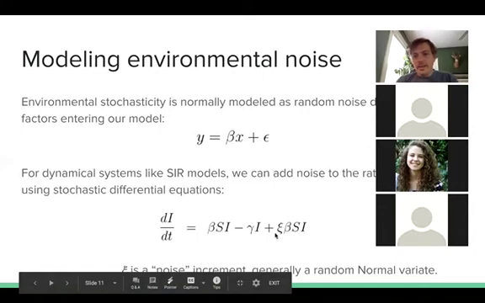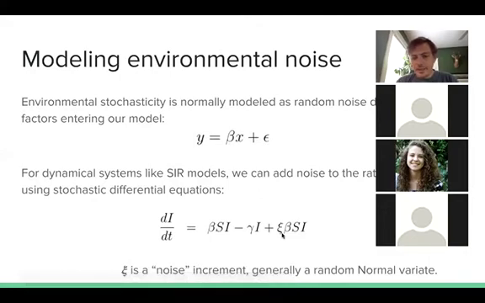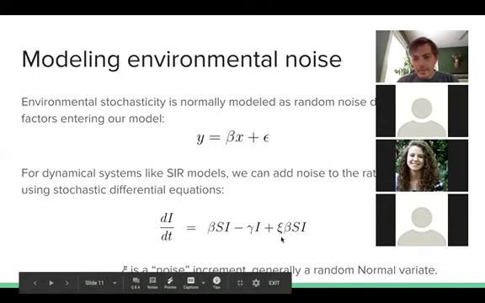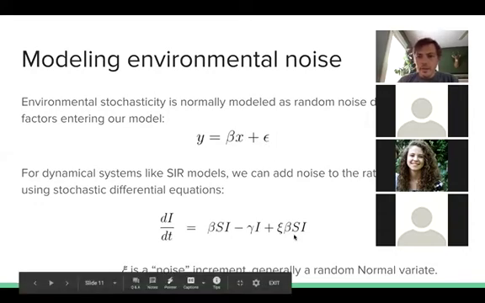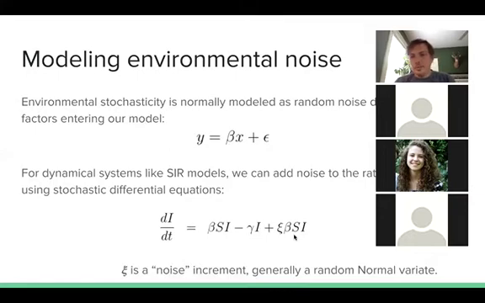But then we could add a third term to this equation that accounts for randomness in the rate at which transmission events are actually occurring. And this chi term, this weird Greek letter here, could be thought of as a random normal variate, like we introduced in our regression equation above, that allows for a little bit of noise or randomness to enter into the process. So if that noise term was below 0, we would have slightly fewer transmissions than we would expect deterministically.